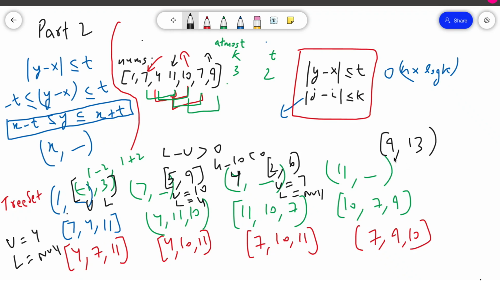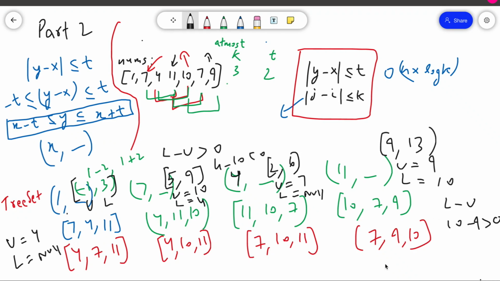We will find the upper bound of 9. Upper bound of 9 is 9, and lower bound of 13 is 10. So lower bound minus upper bound, 10 minus 9, in this case is greater than 0.